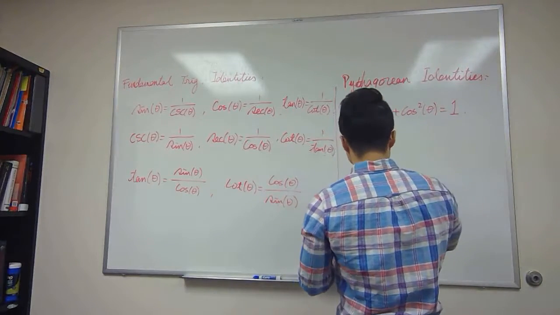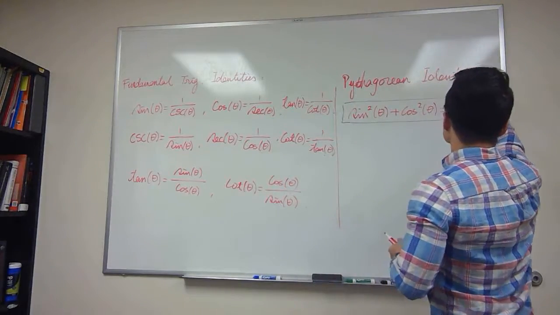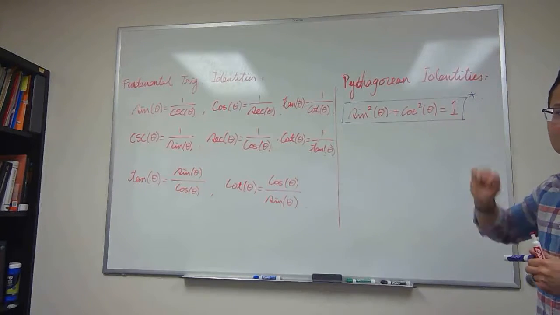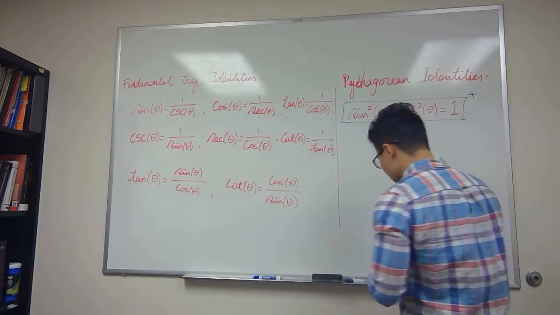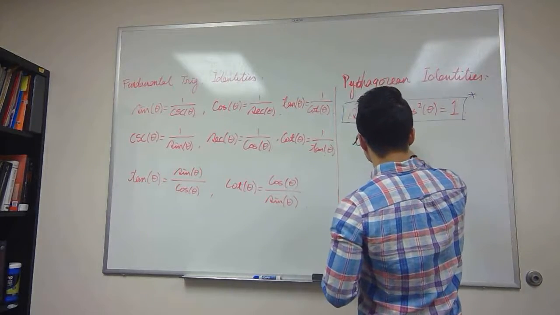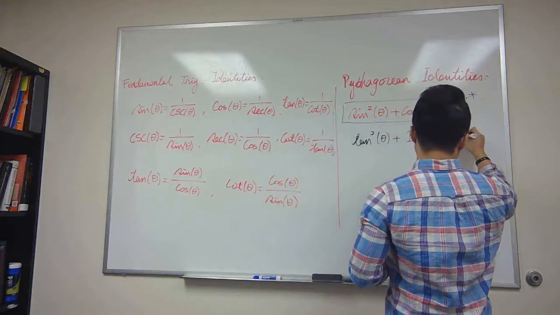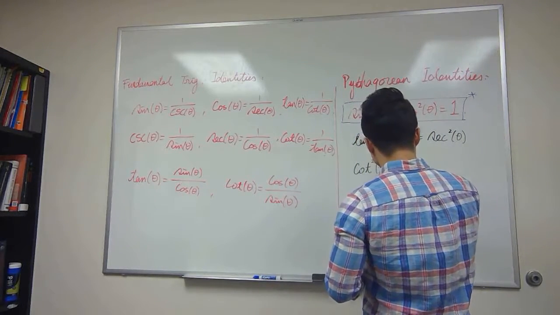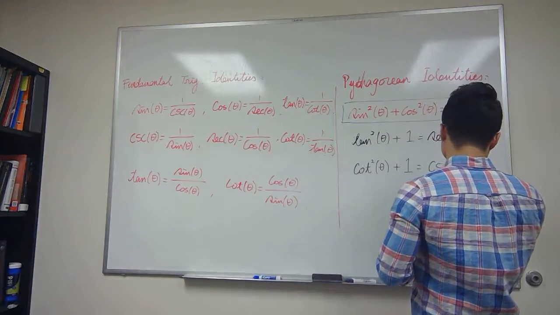I think it's the most important identity out of all the trig functions in here. And also from here, we got 2 more formulas: tangent squared theta plus 1 equals secant squared theta, and cotangent squared theta plus 1 equals cosecant squared theta.